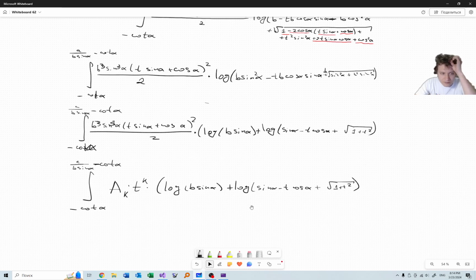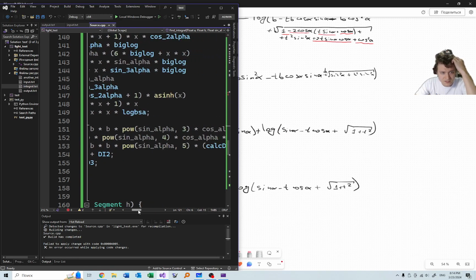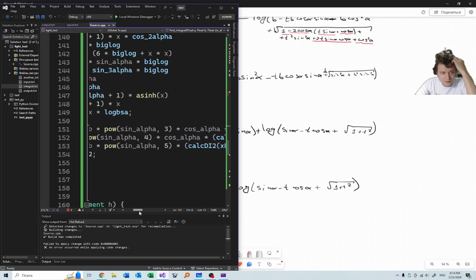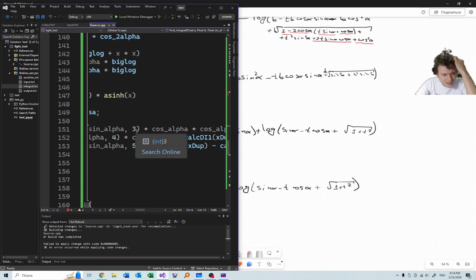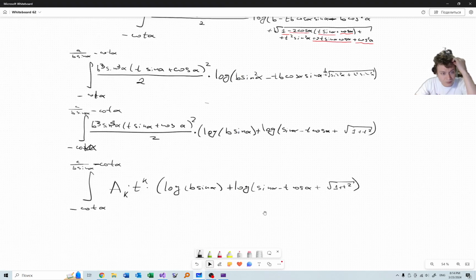Okay, let's substitute. Let's find the coefficients. So for t to the power 0 we get b cubed sine to the 5th power over 2. B cubed sine... Actually it says sine to the 3rd power and cosine to the 2nd power. Why? No. It should not be like this.